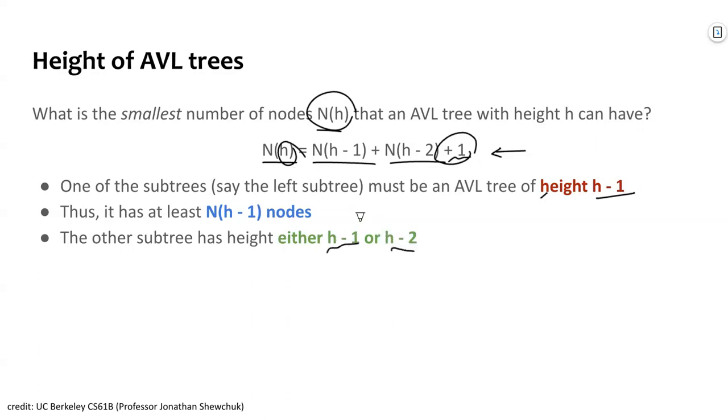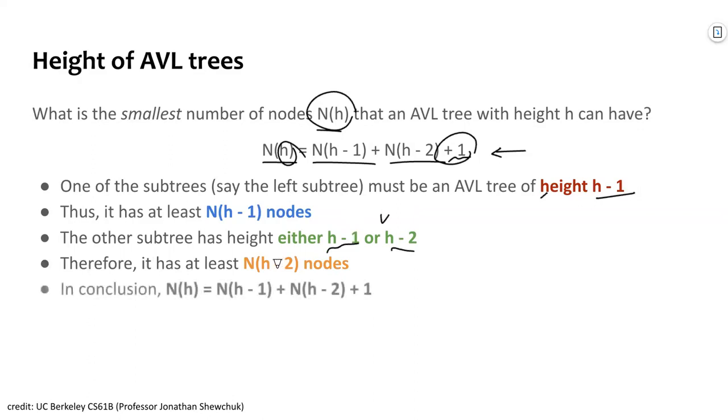And here we want to calculate the minimum number of nodes. So we are taking h-2. Therefore, it has at least N_{h-2} nodes. In conclusion, N_H can be represented in this recurrence equation. And this one corresponds to the root node.